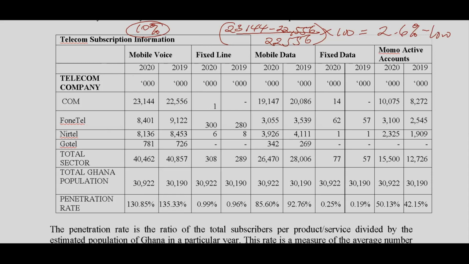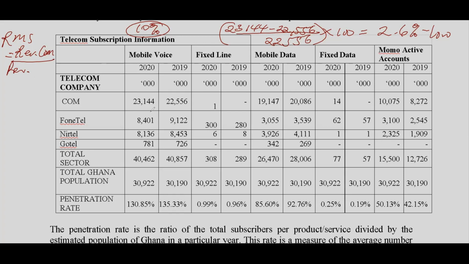So now that you've got these two points, if I want market share, for instance, I know that my relative market share is giving us what? The revenue of com from mobile voice over the revenue of the largest competitor. And when you look at their revenues for 2020, which was the largest competitor?